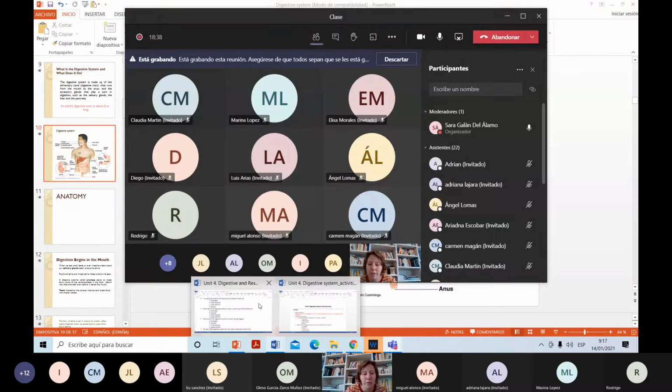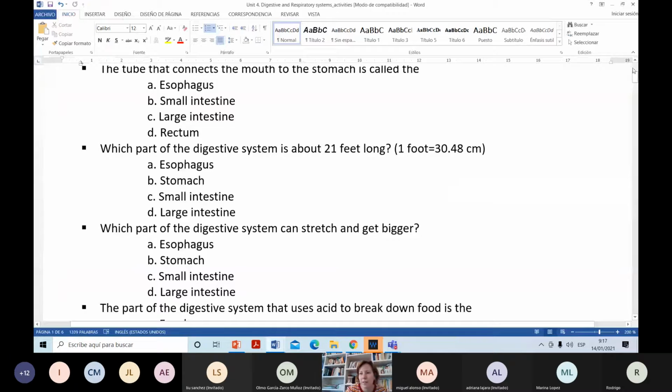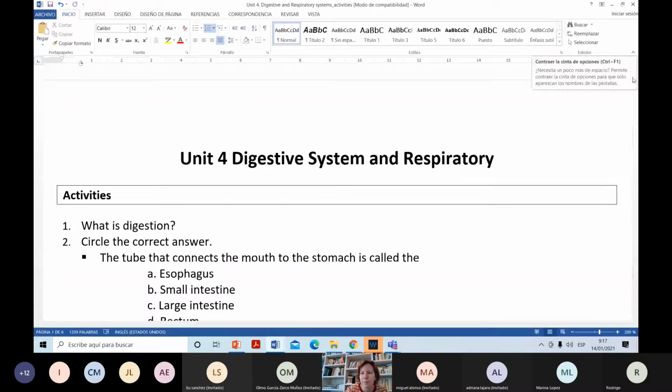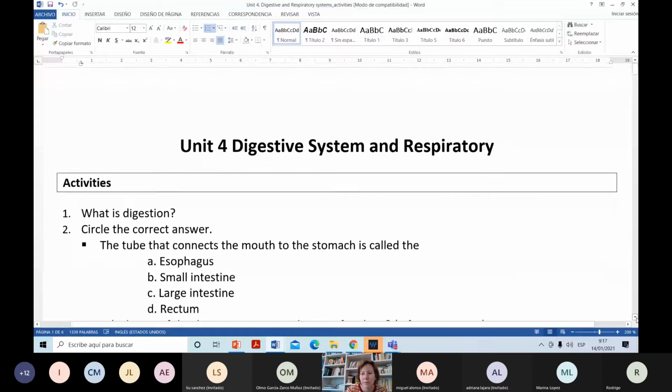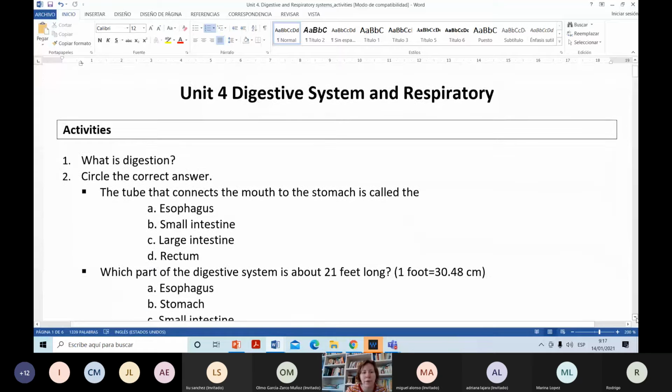Okay? Well, first of all, that's the photocopy that you had. Okay, and we didn't do activities number 1 and 2. You don't have them. I didn't ask you to do them, but it's important that you understand them.